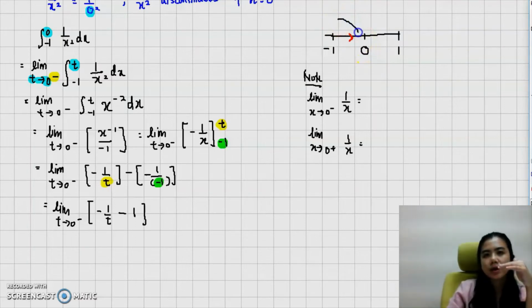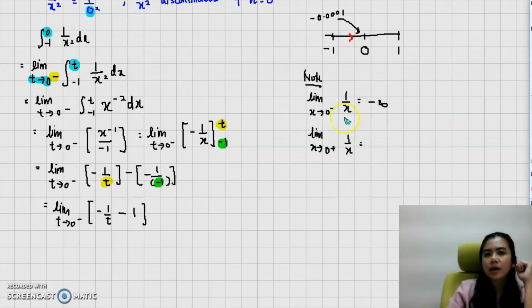For instance, you can take a number very close to 0, that is negative 0.0001. What happens if you swap x as negative 0.0001 into here? You will have a negative number. By using this concept, we know that the answer ends up with negative infinity.